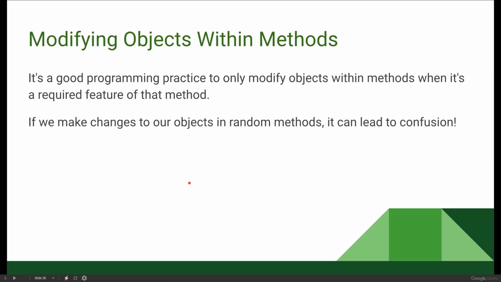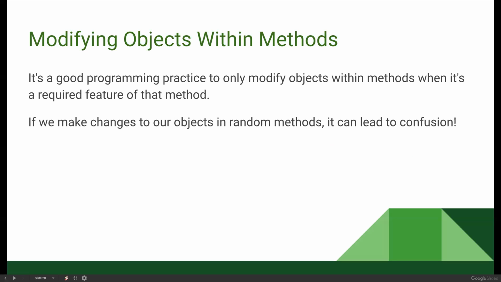In general, it is good programming practice to only modify objects within methods when that's a required feature of the method. So when the express goal of the method is to make a change to an object, then it's okay. However, generally we want to avoid doing that because otherwise we can potentially cause confusion in anyone trying to use our class.